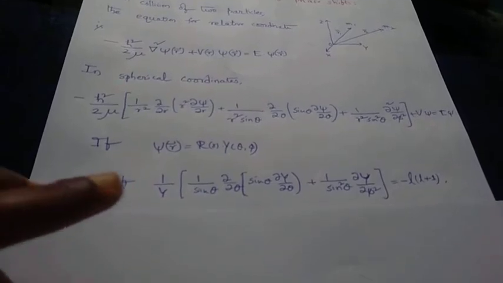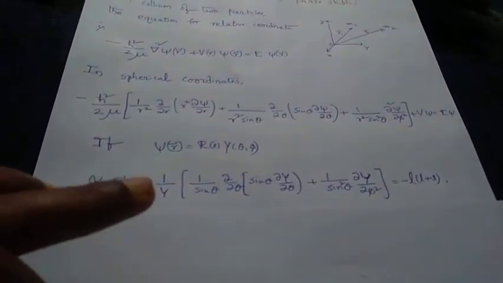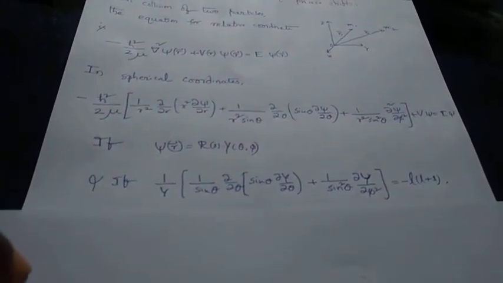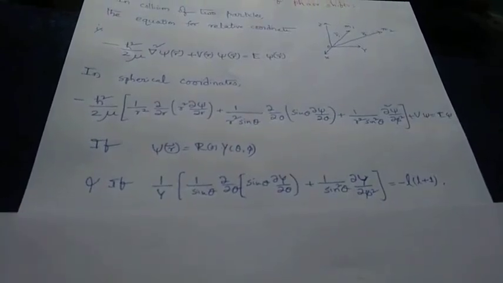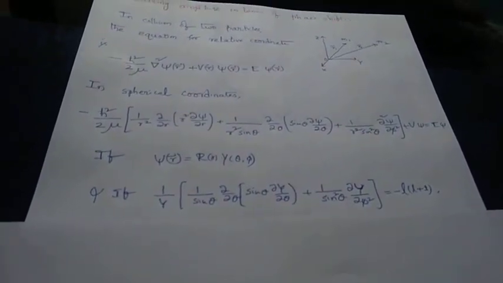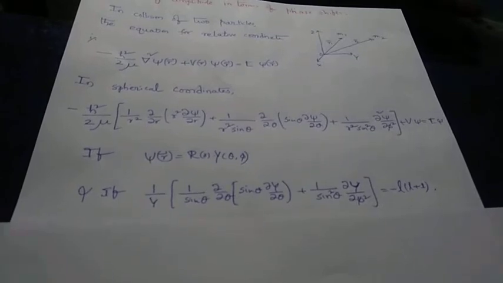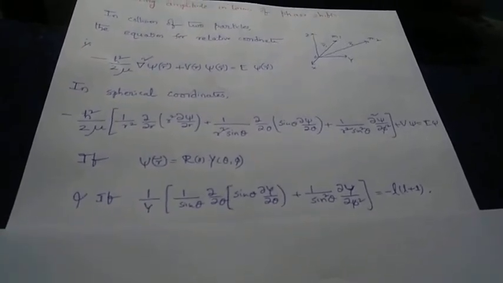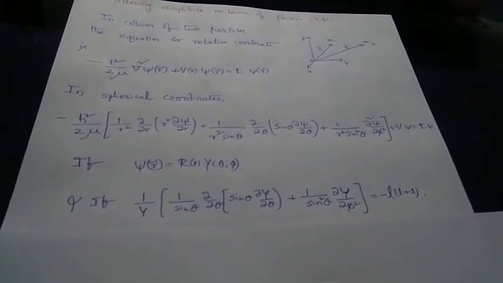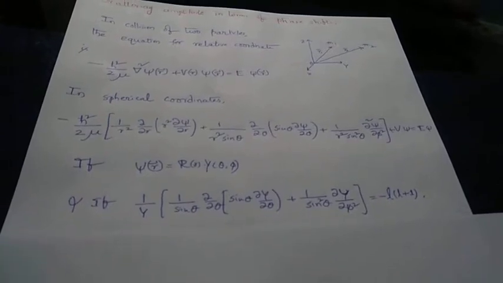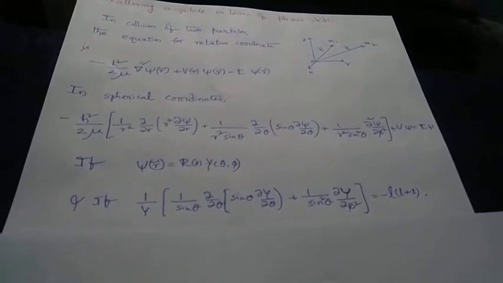In the course of the derivation, we will call 1 over Y into sine theta dou by dou theta of sine theta dou Y by dou theta plus 1 over sine square theta dou square Y by dou phi square as minus L into L plus 1, and we will see that this Y turns into the spherical harmonics function Y_lm of theta, phi.